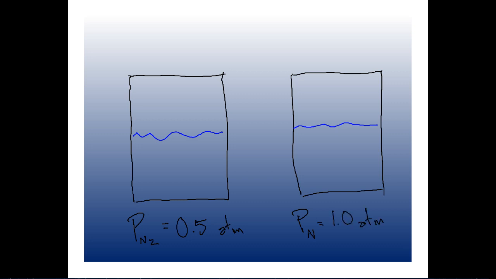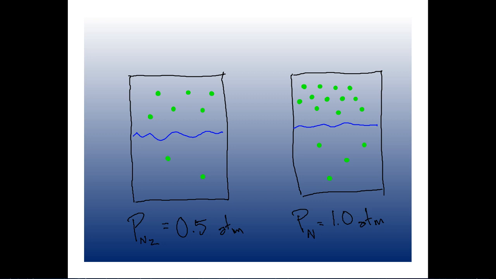So if we visualize those molecules floating around, here maybe we'll just show that there are 6 molecules in the gas phase, but here we have twice as many molecules in the gas phase. If here we have some concentration dissolved, the concentration that's dissolved at the higher pressure will be twice as many. That is, the number of molecules which are dissolved is proportional to the pressure. Greater partial pressure and we have more dissolved.